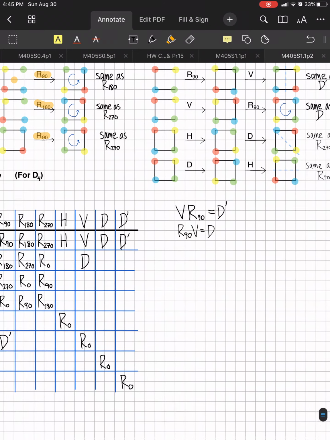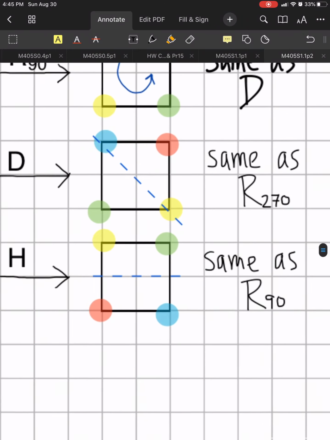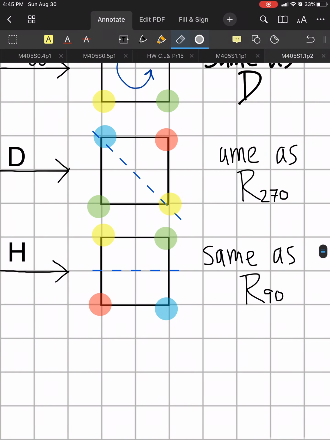So, we see that. Likewise, here, let's erase these. This is the same as R270.